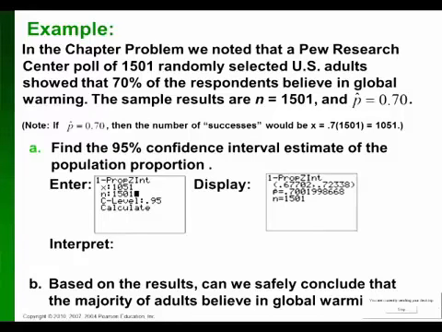Oh, no. You did one prop Z test instead of one prop Z interval. Scroll all the way down to A. Make sure you have one prop Z interval, not one prop Z test. Not getting it? All right. One prop Z interval, that looks good.